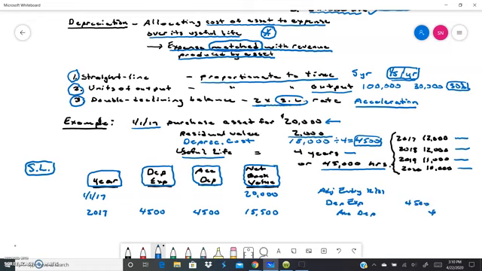So that's where these numbers are coming from. At the end of the year, we're going to be making this entry at the end of each year. And this table is really just setting forth the effect of those entries to calculate the amount of those entries. Okay?